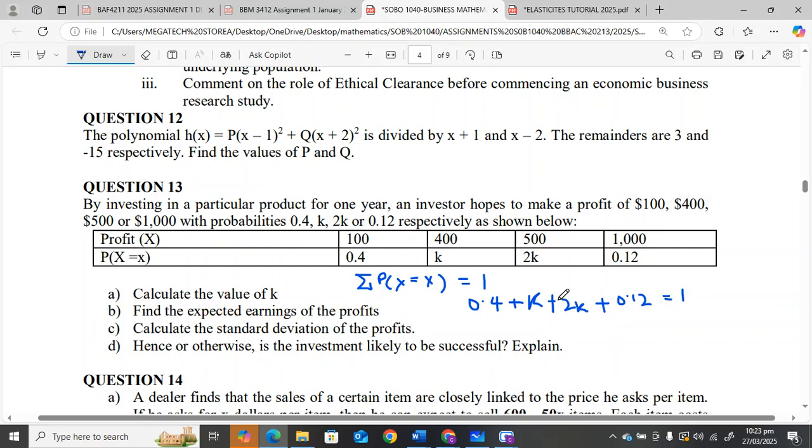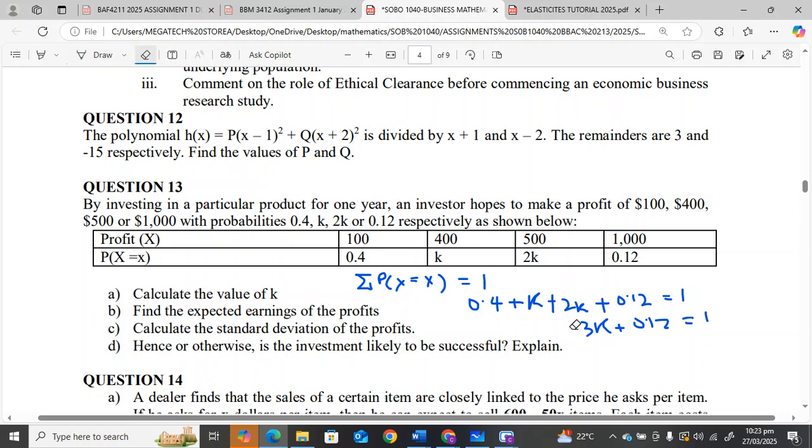So, like terms here, K plus 2K gives us 3K, plus 0.12. We can first add 0.4 plus 0.12, that is 0.52.